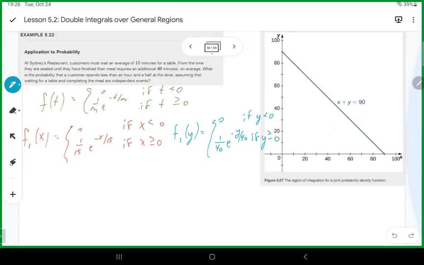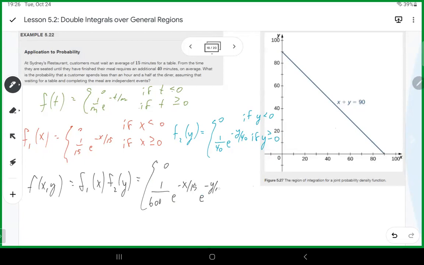But so we would have then f of xy equal to f1 of x times f2 of y, which is 1 over 600, e to the negative x over 15, times e to the negative y over 40, if x is less than 0 or y is less than 0. And then there are commas. Sorry.